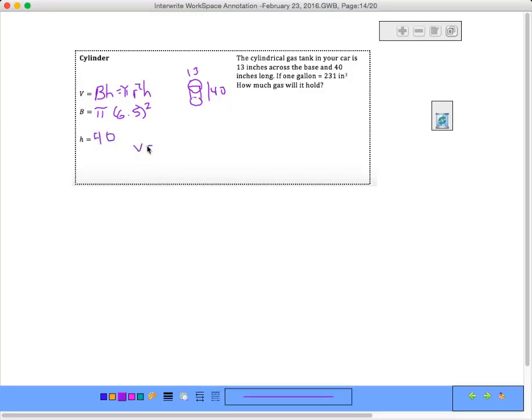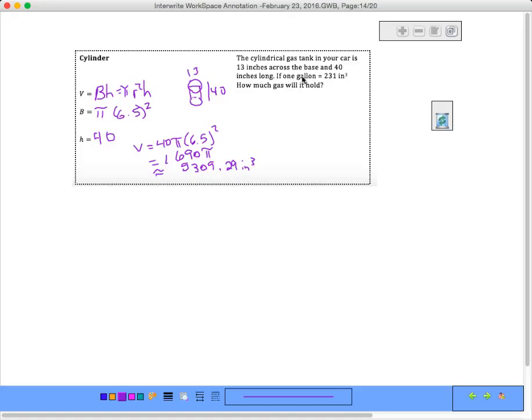So my volume overall is 40, the height, times pi times 6.5 squared, which gives me 1,690 pi. You put this in your calculator and that's about 5,309.29 inches cubed.